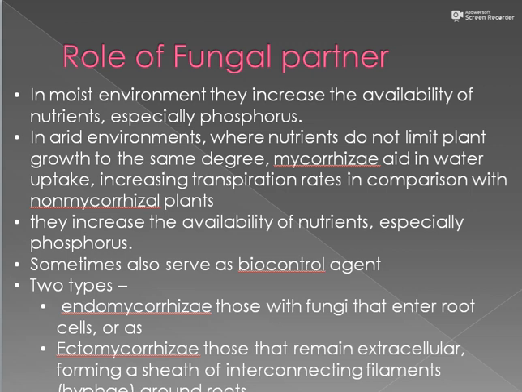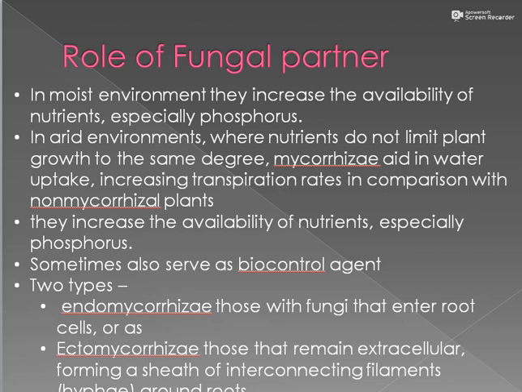Now, if you consider the mycorrhiza as a whole here, mycorrhiza can be divided into two types. They could be ectomycorrhiza as well as endomycorrhiza. As the term implies, if the fungal partner enters into the root cells or into the cortical cells, then it is referred to as an endomycorrhiza.